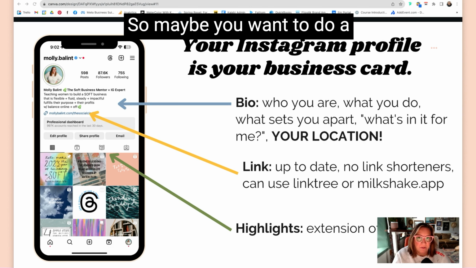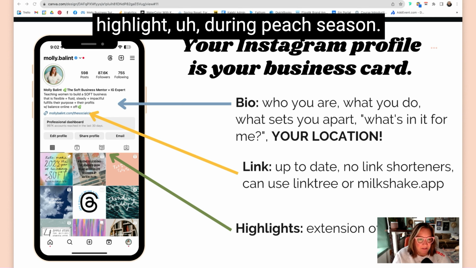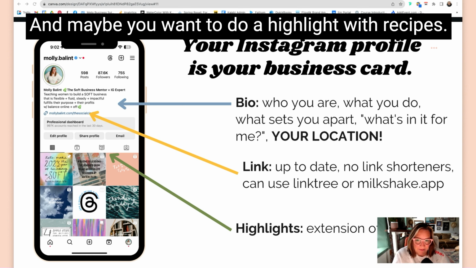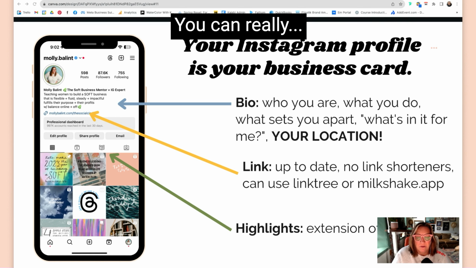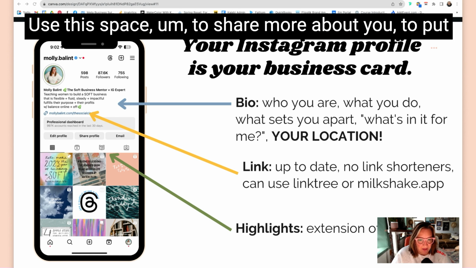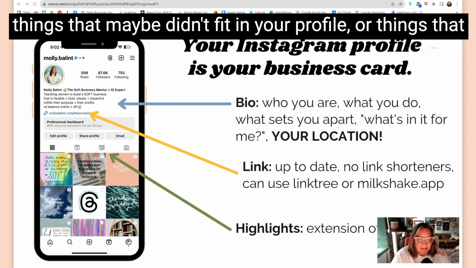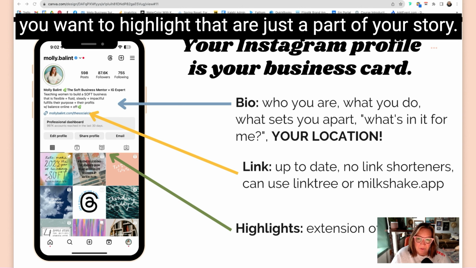So maybe you want to do a highlight during peach season, and maybe a highlight with recipes, and maybe a highlight that's all about the donkeys that live on your farm or something like that. You can really use this space to share more about you, to put things that maybe didn't fit in your profile or things that are just a part of your story.